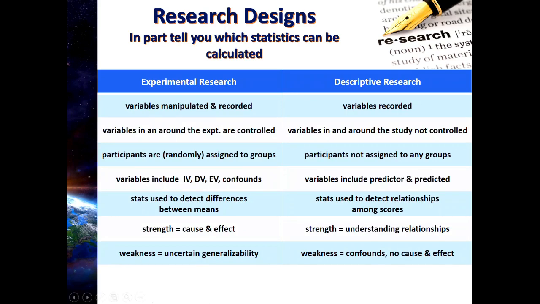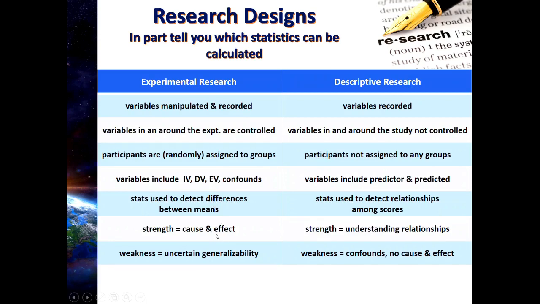Okay. So let's see, then we said that in experiments and quasi-experiments, typically what you're doing is you're using statistics to see if the means for the different groups are different from each other, right? So whether or not the levels are different beyond chance, and we'll cover that later in the course.